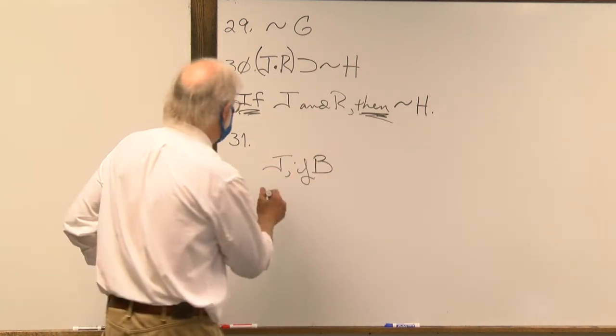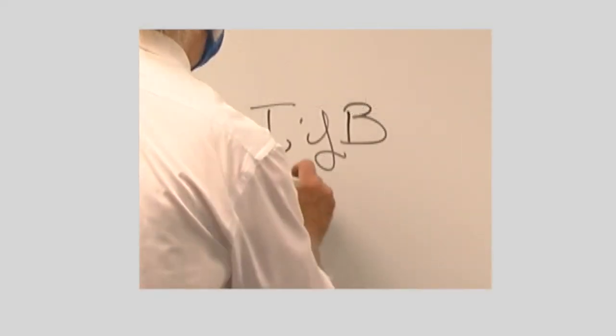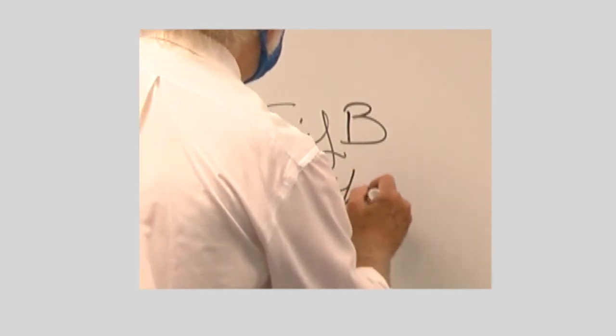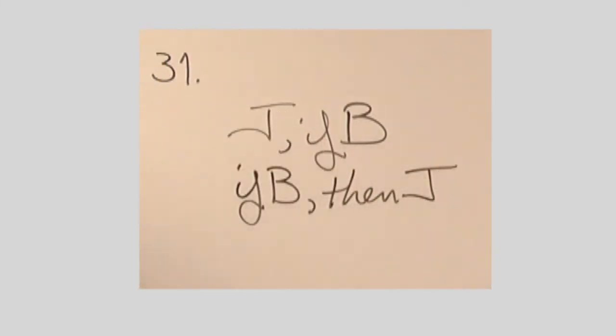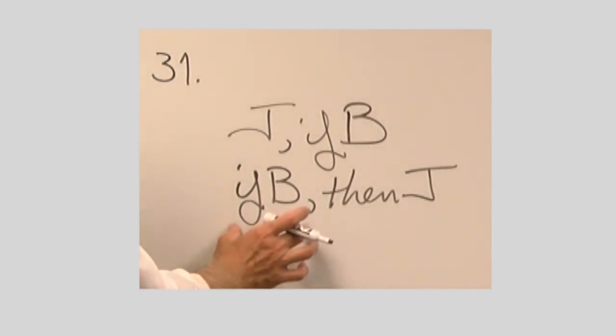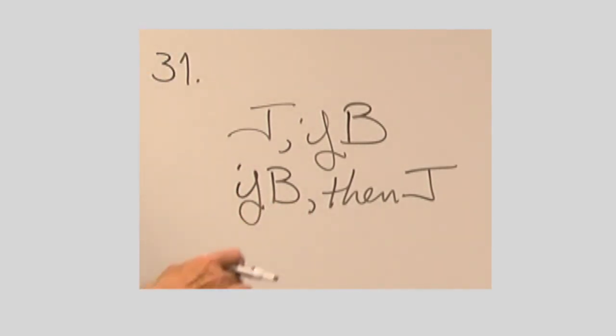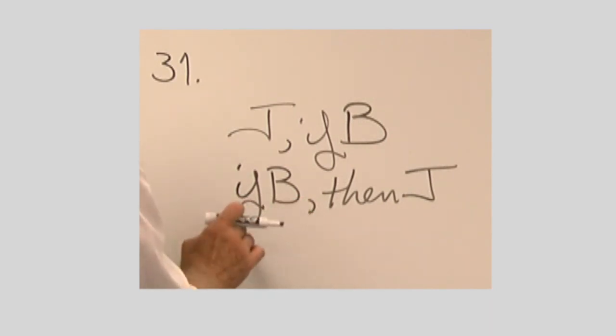Grammatically, we can switch this around and see that means if B, then J. The if occurs second grammatically, but from a logical point of view, it's still in the antecedent. So now it's simple.